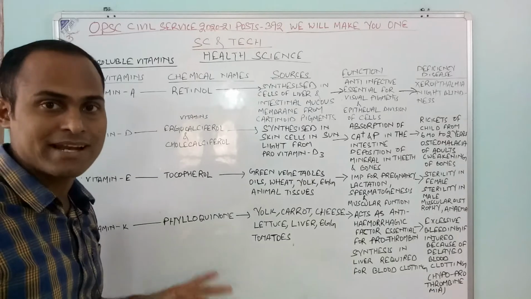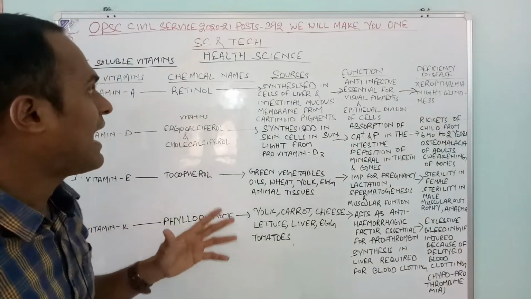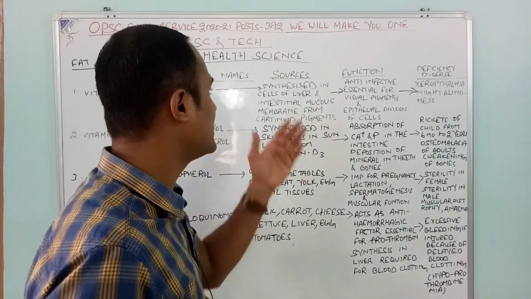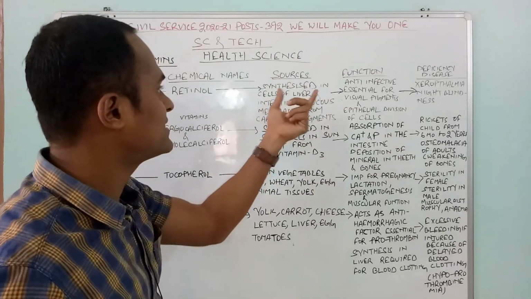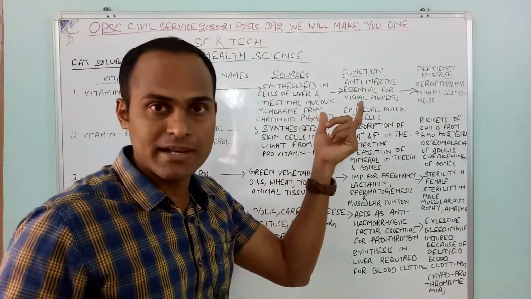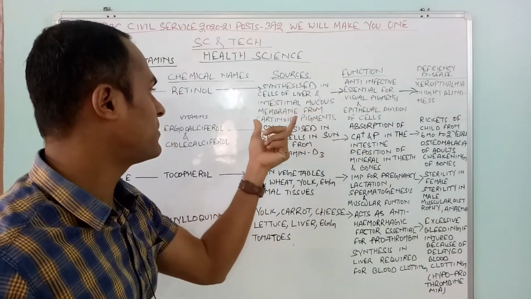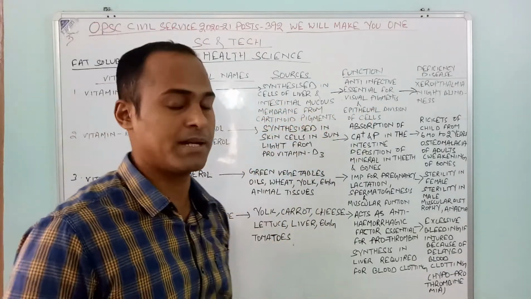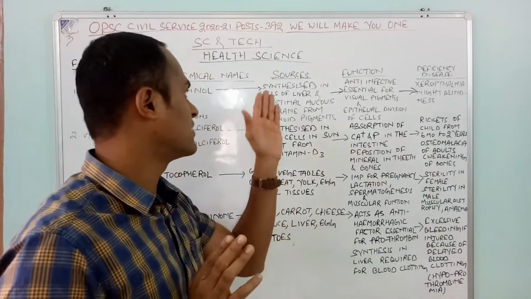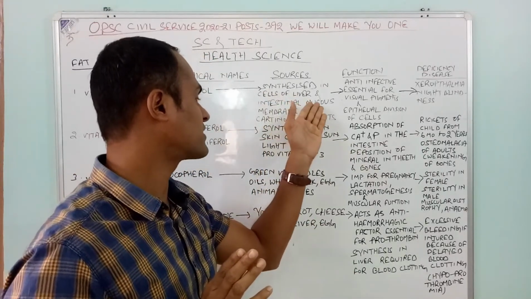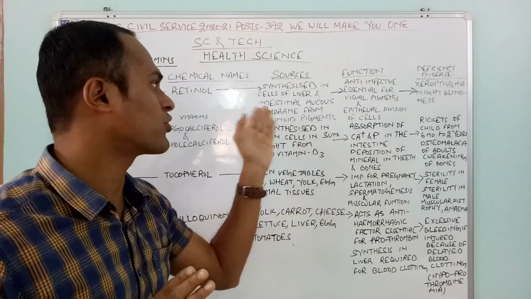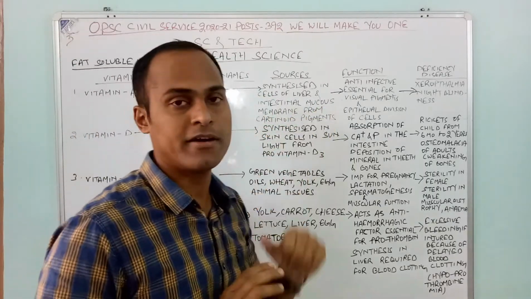Vitamin A is known as retinol in its chemical name. As for the source, it is synthesized in the cells of the liver, in our liver, and in the intestinal mucous membrane from carotenoid pigment.